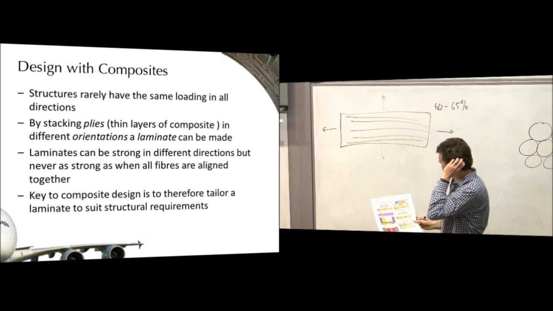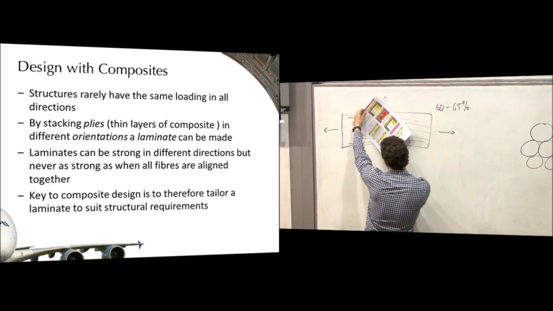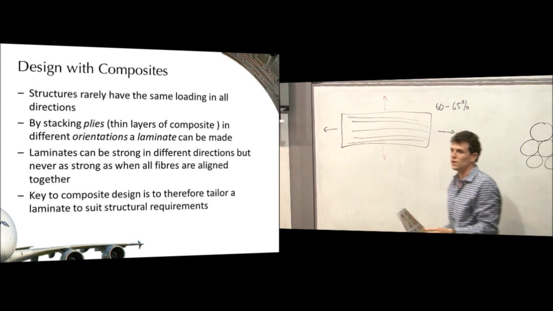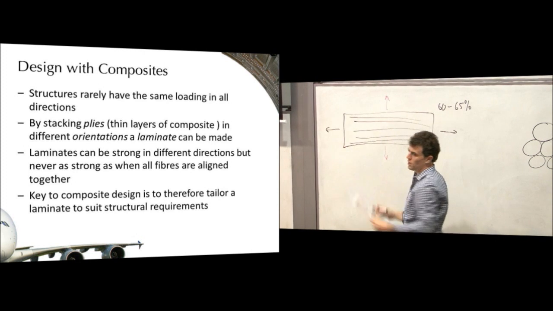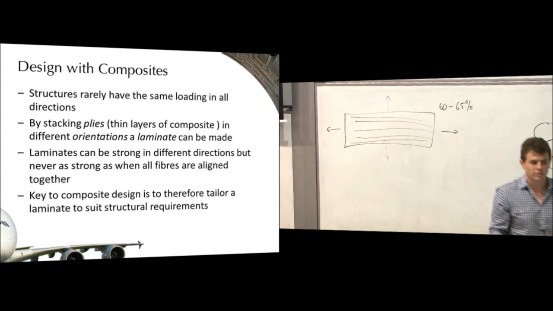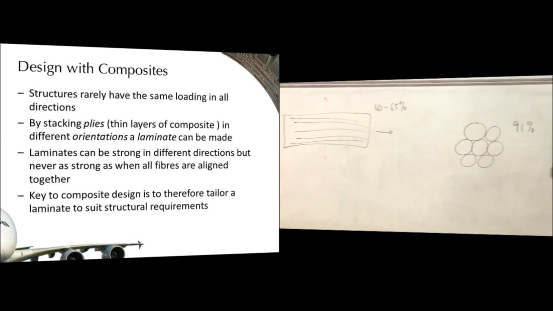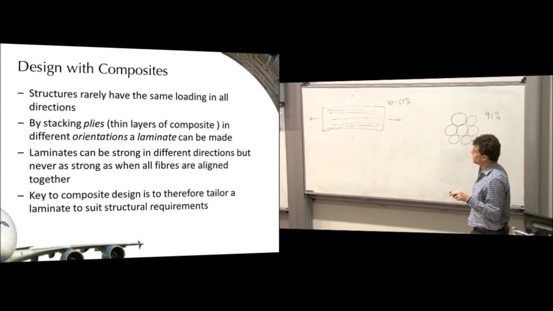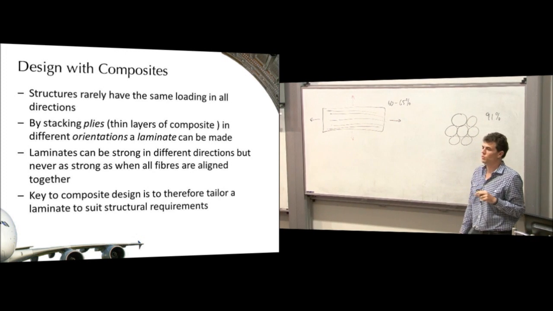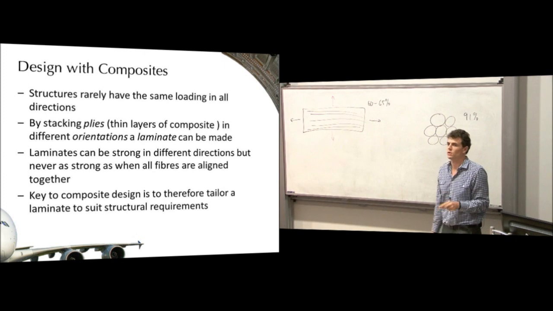And if someone said there was some shear, you might come and stack some at 45 degrees and plus and minus 45 degrees to take those loads. So you can really build up a composite to carry whatever loads you want it to carry. So you can tailor it. And the key benefit of design with composites is that you can tailor it specifically for the loads that it's going to experience.